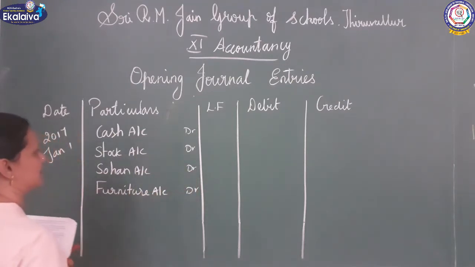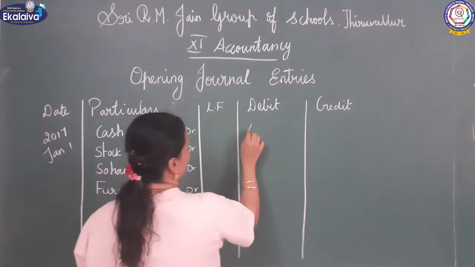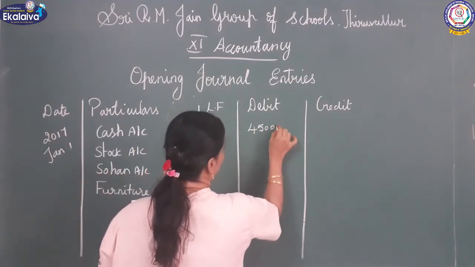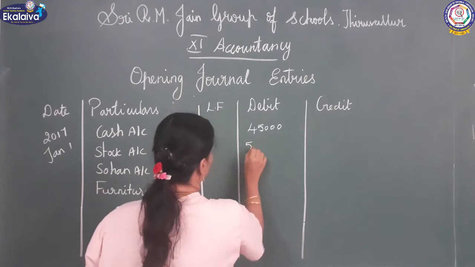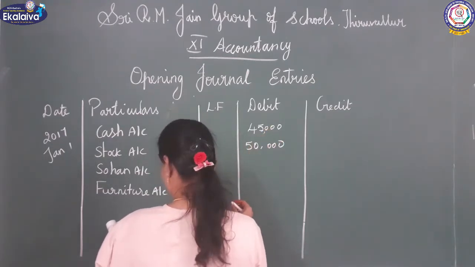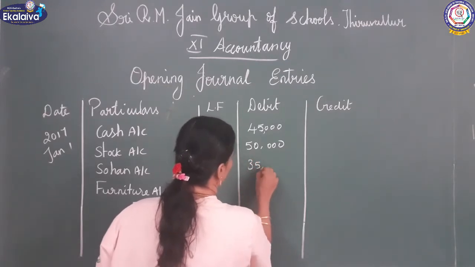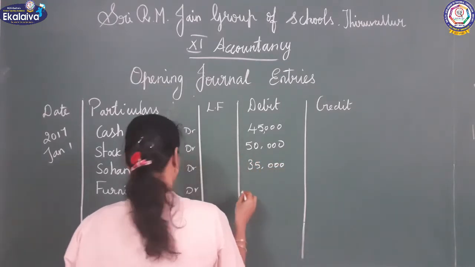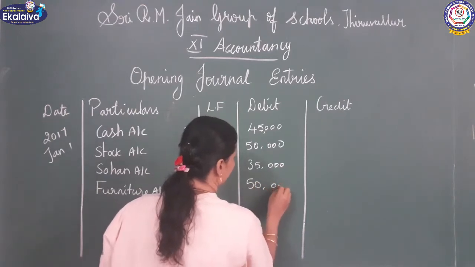These are all the assets. 45,000, 50,000, 35,000, and then 50,000.